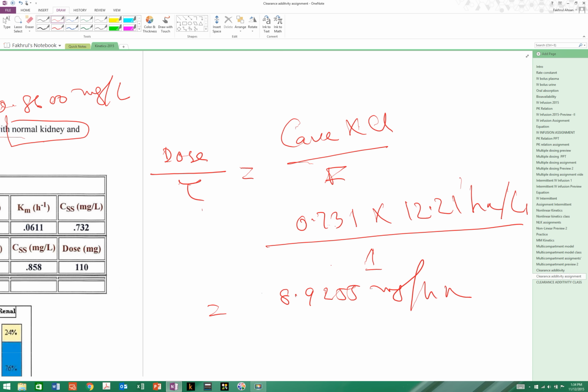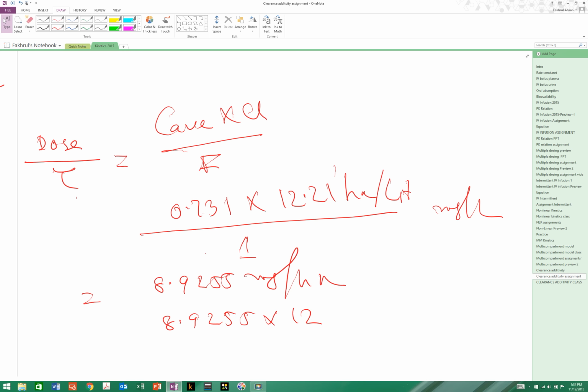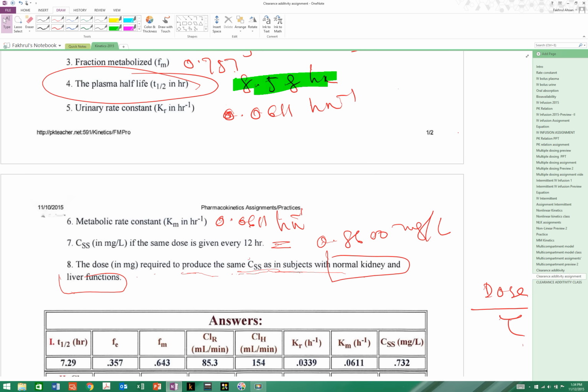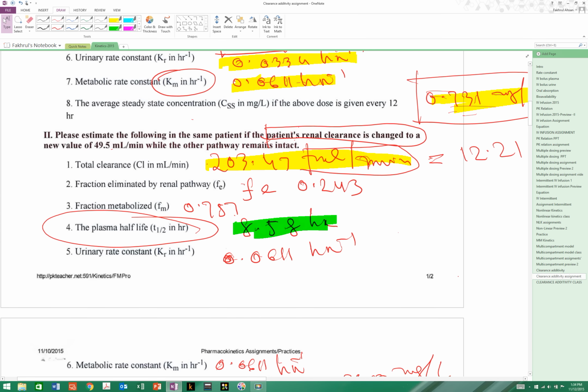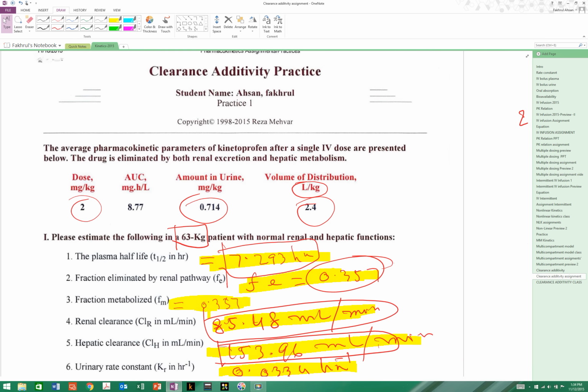This is the dosing rate every hour, so for the 12-hour dose, 8.9255 times 12 is going to be 107.1 milligram. So the dose is 107.1 milligram.